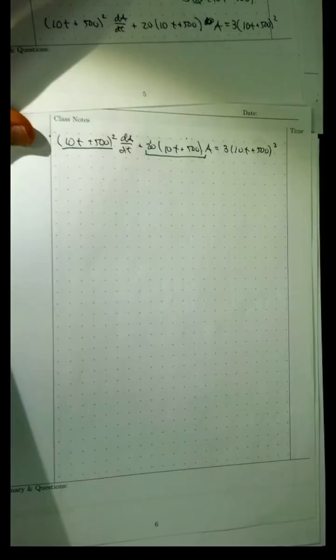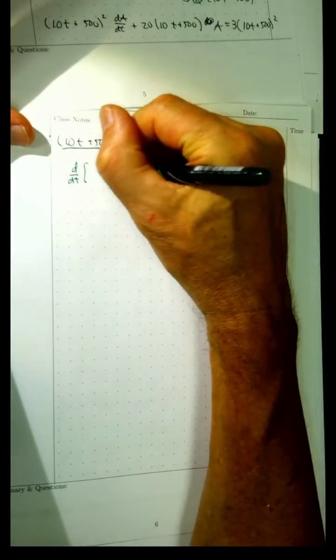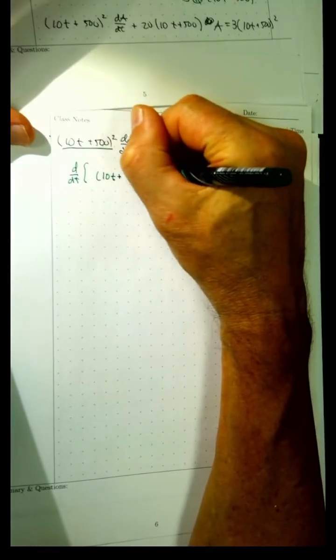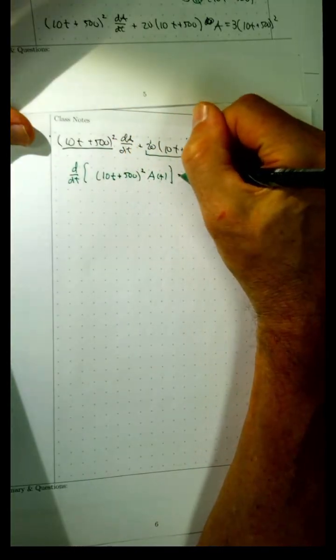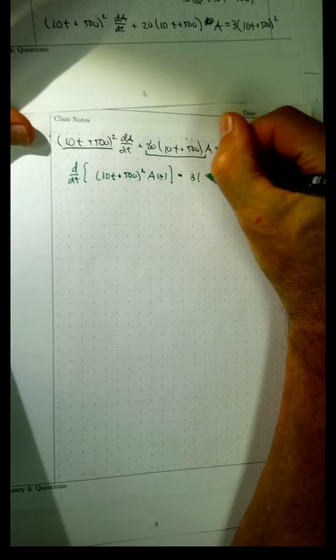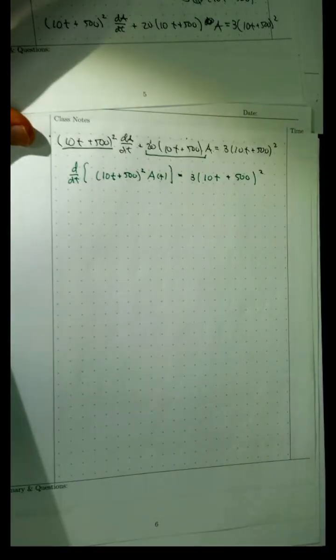So the left-hand side, by the product rule, is the derivative of (10t + 500)² times A(t), equals whatever was left on the right-hand side.